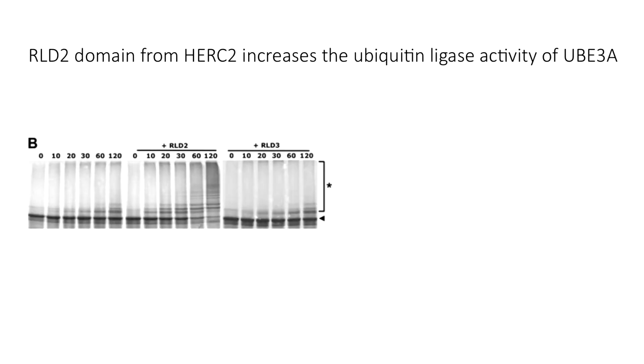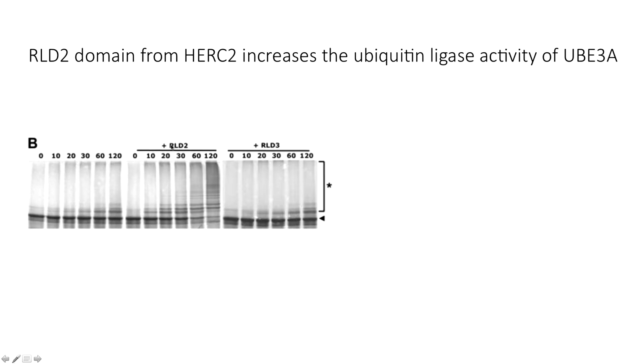Dr. Scheffner's group interestingly showed that HERC2 actually increases the ubiquitin ligase function of UBE3A. This is an in vitro ubiquitination assay where they put UBE3A in a tube with all the necessary subunits. Over time, UBE3A auto-ubiquitinates itself, so we start to see these high molecular weight smears.